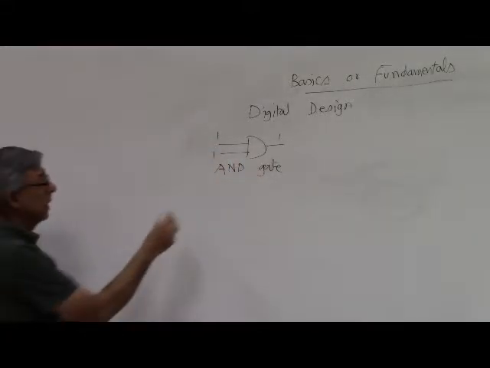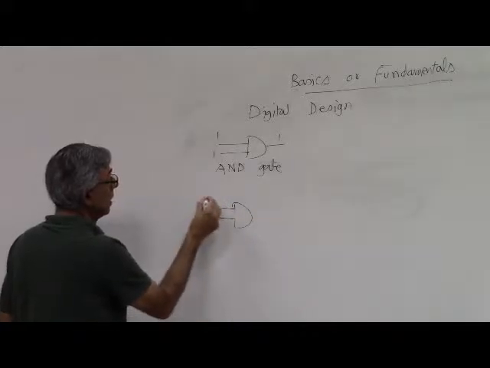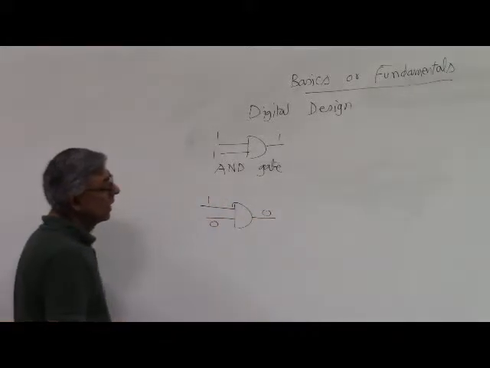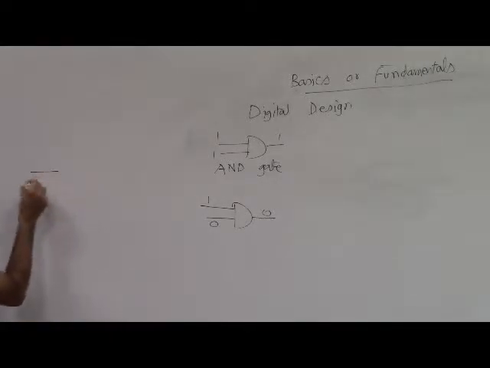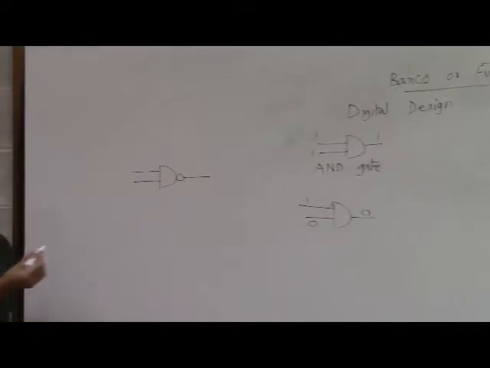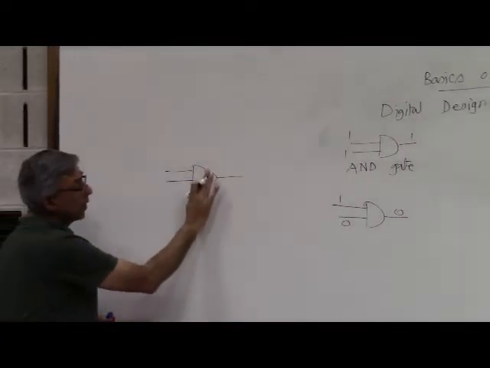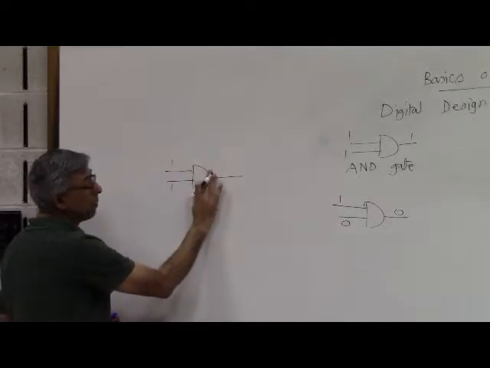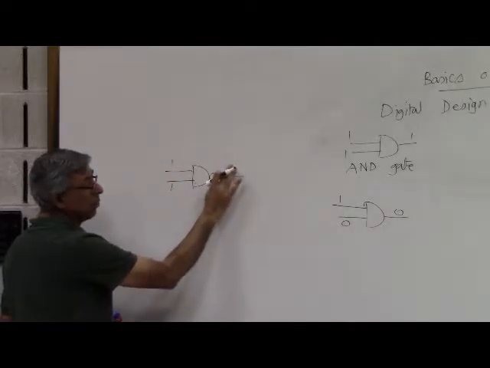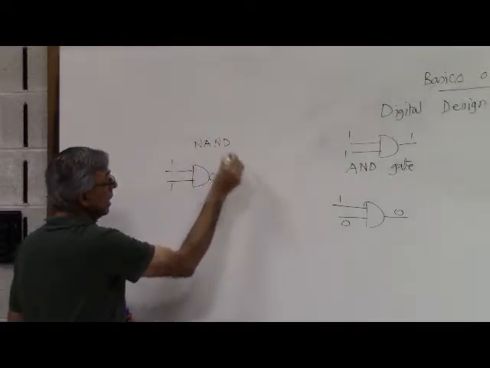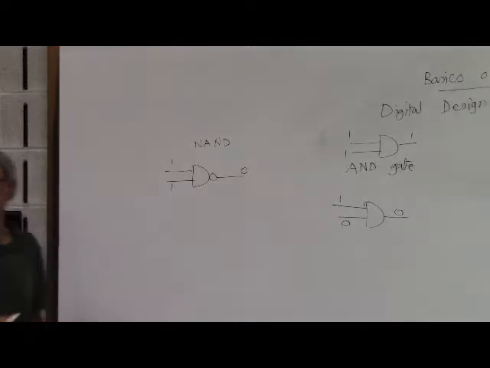If any of the inputs is a 0, what's the output? 0, right? Then there are other types of gates. For example, when we put a bubble over here, it's like the opposite of the AND. If the bubble was not there, the AND would produce a 1, but the bubble will invert it. So this is what we call a NAND gate, correct? And so this will produce a 0.